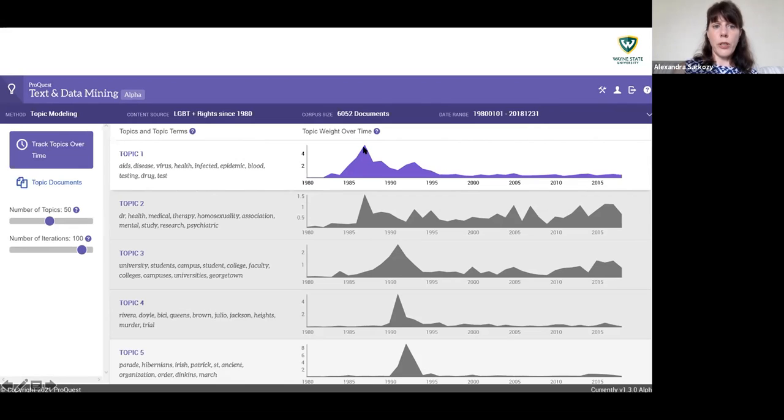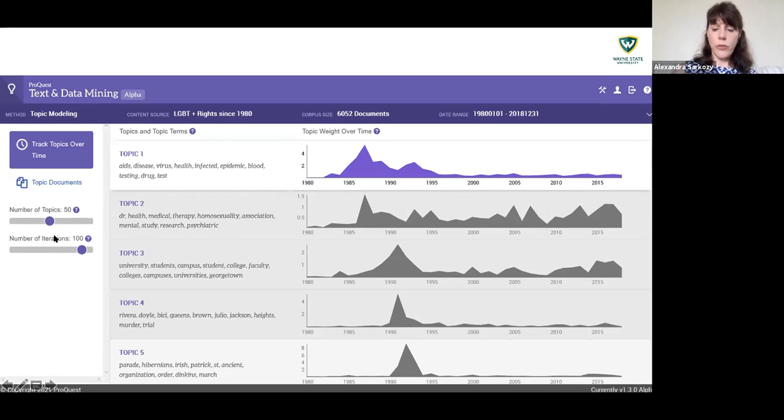But in the tool, you can click on the peaks here, and you can see the actual articles that are generating these peaks. We see, again, in topic 5, parade, Hibernians, Irish, Patrick, and again, in the mid 90s, these were some big news events that happened. So we could trace the peak and see what the major topics of conversation in the newspaper, the New York Times, in this corpus were.